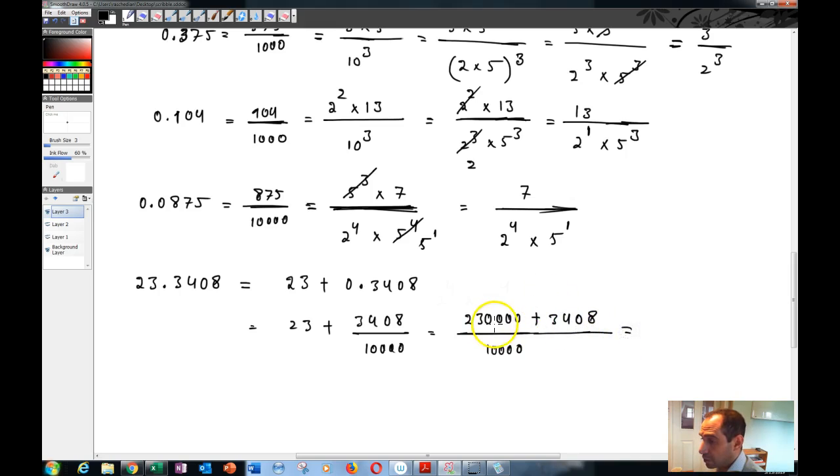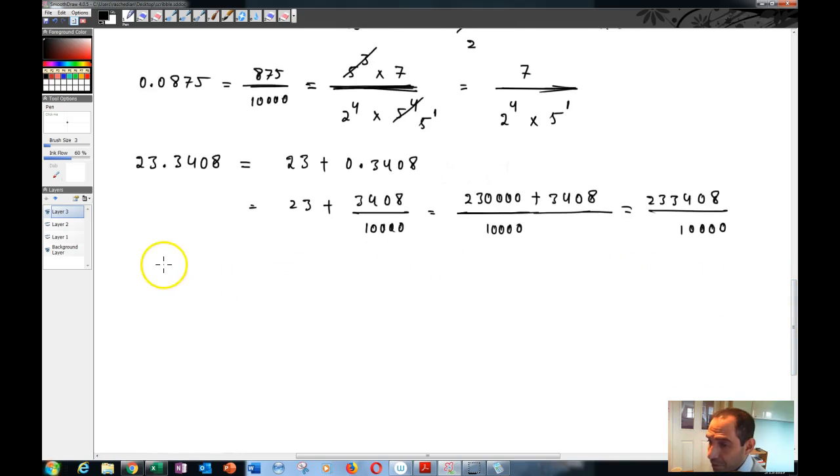When you add these two numbers together, you'll get 233,408 divided by 10,000. So basically 23.3408 is the same thing as 233,408 divided by 10,000.